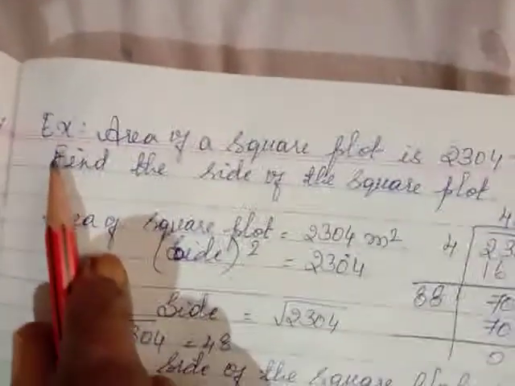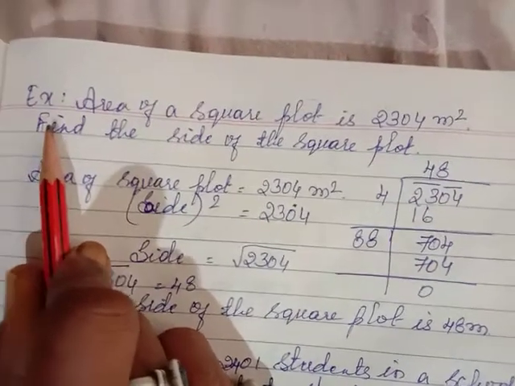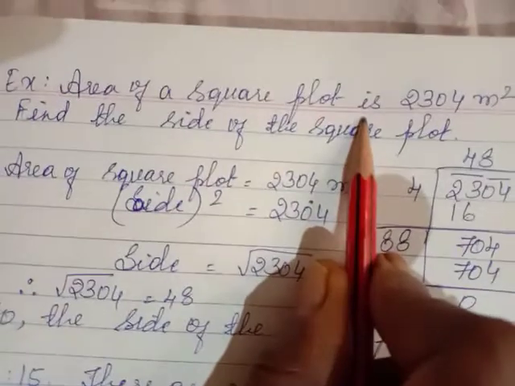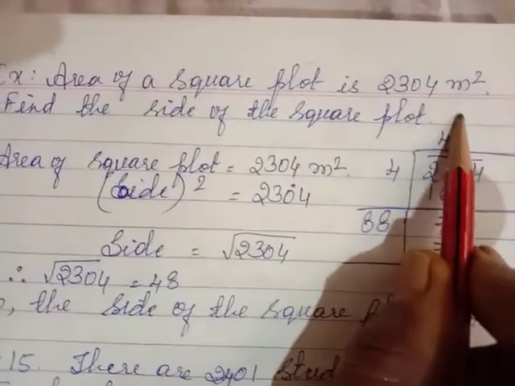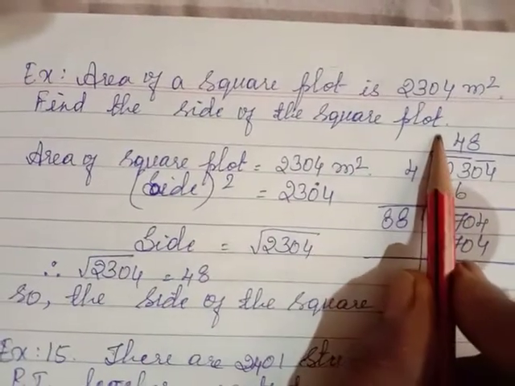Okay, now let us see the next problem. Example: the area of a square plot is 2304 meter square. Find the side of the square plot.